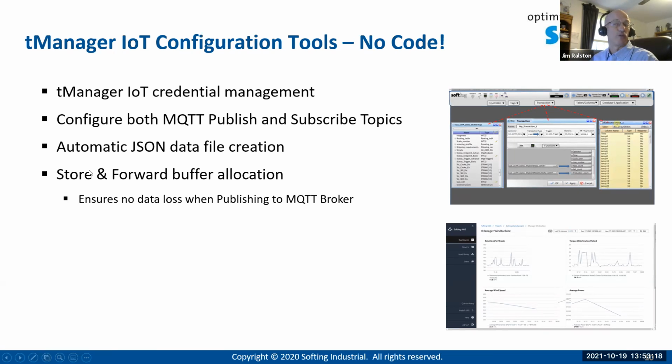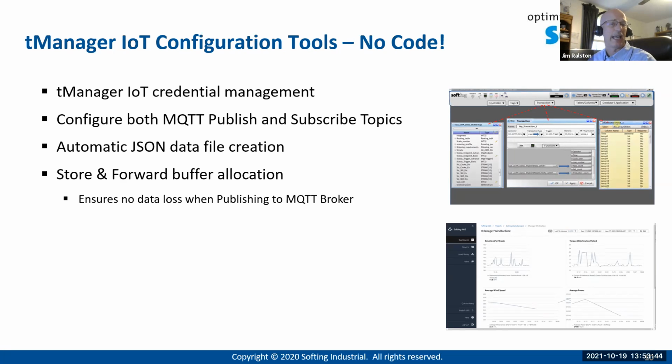And then finally, both for SQL and for MQTT, tManager has store and forward buffering built in, which is, again, a very nice feature to have when collecting critical data, just in case there's a disconnection to the server, or a disconnection on the network. tManager has 7 gigabytes of onboard memory.